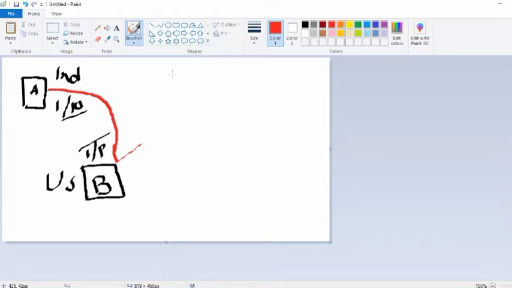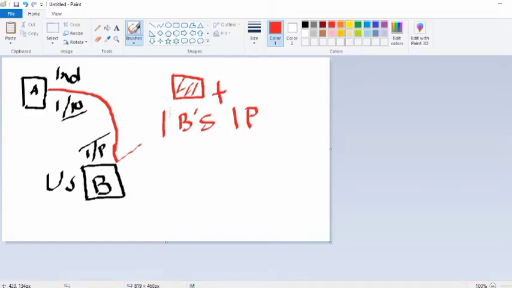So what A will do, A will send this data packet, which has to be sent from A to B, let's say. Along with the data, it will supply B's IP. So this data plus this B device's IP.